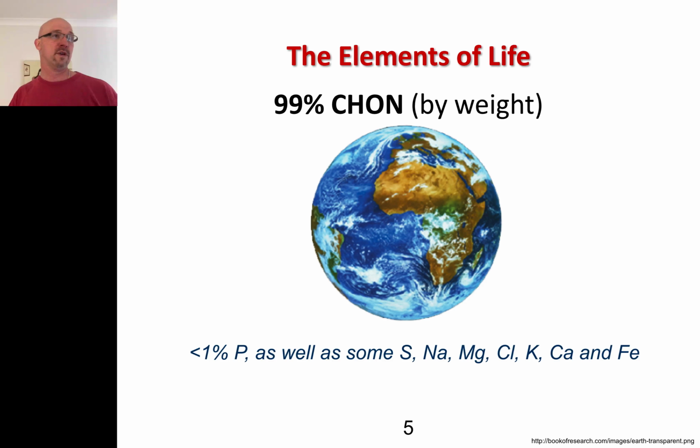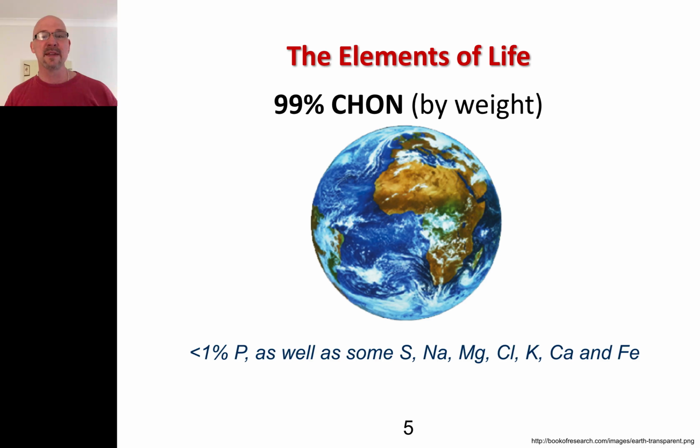And if you took all of the elements of a human being and broke them into individual piles, over 99% of our body by weight is carbon, hydrogen, oxygen, or nitrogen, which we sometimes call CHON. So we're basically CHON. We're made out of CHON. If we were Lego structures, there'd be 4 bricks that would make up 99% of us. That would be the carbon brick, the hydrogen brick, the oxygen brick, and the nitrogen brick. That's what I am. That's what you are.